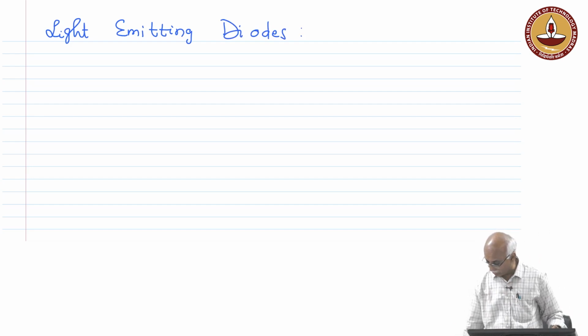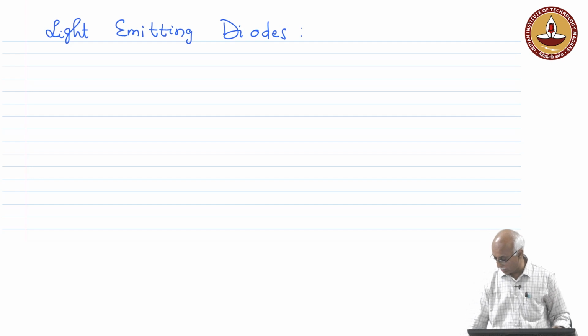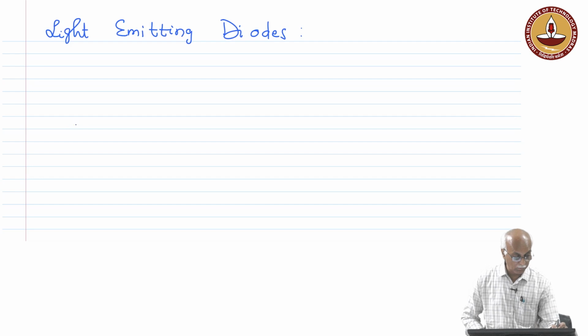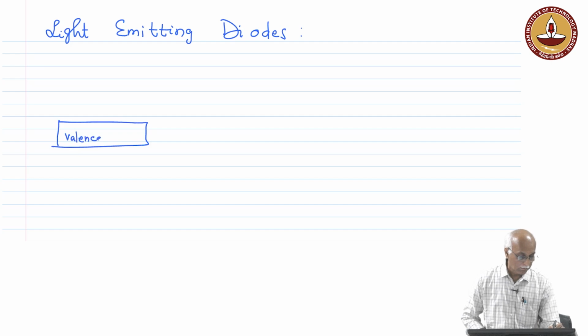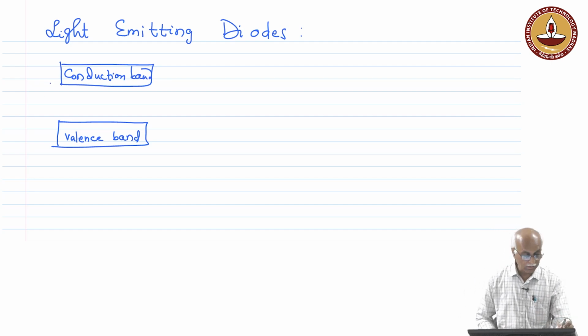And in case of a light emitting diode, as we know, a semiconductor device will have a valence band and a conduction band, and it has a band gap.